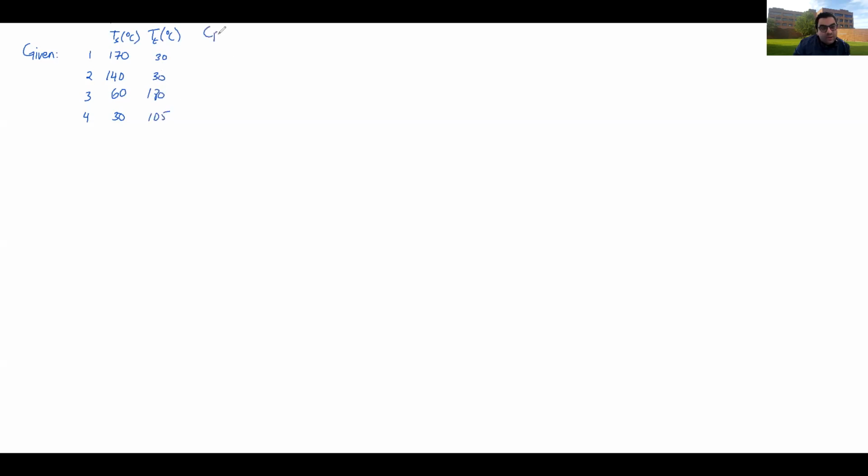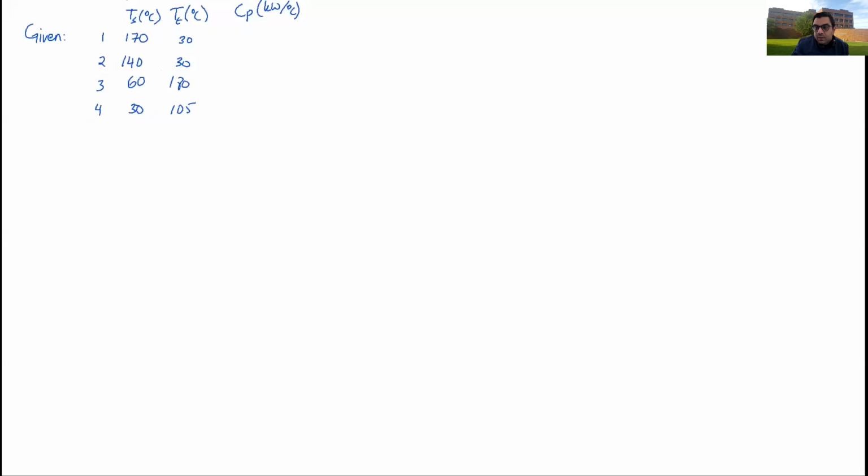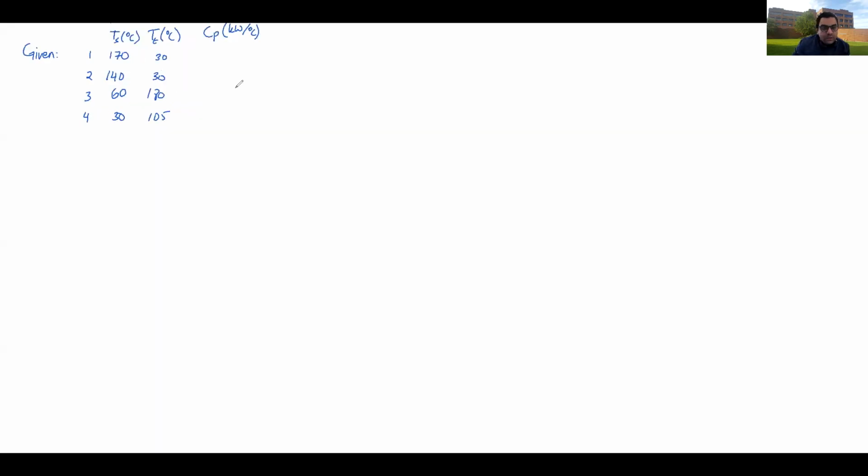And my CP, which is in kilowatt per degree Celsius, is 2, 4, 3, 2.6, and you're given that delta T minimum is equal to 10 degrees Celsius.